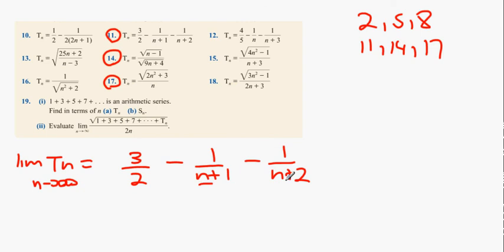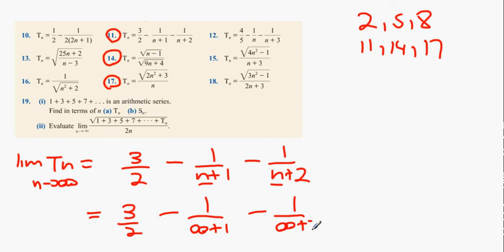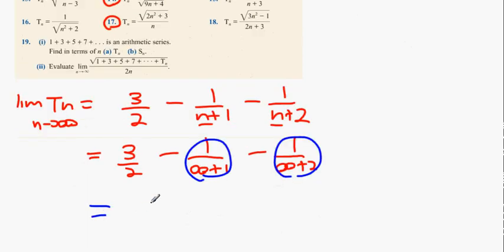The n values are located on the bottom, in the denominator position, and it's just going to be 1 over infinity plus 1 minus 1 over infinity plus 2. These numbers are so big that 1 divided by them turns into 0, and what we're going to get is 3 over 2.